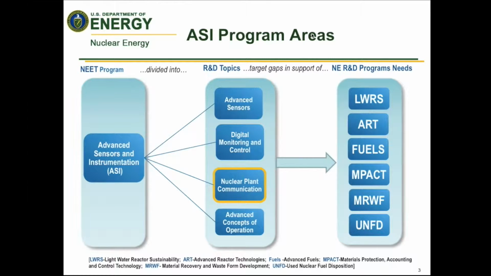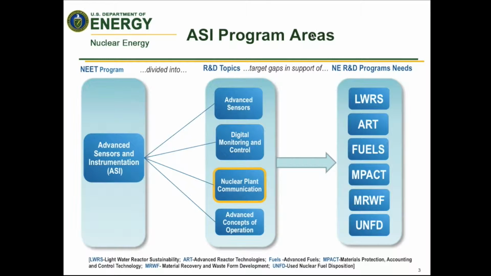The third area is nuclear plant communication to research and develop communication technologies needed to support greater data generation and transmission demand while maintaining reliability, resilience, and data security. And the last area is advanced concepts of operation to develop and test higher integral control system architectures where new human and system interaction is defined.